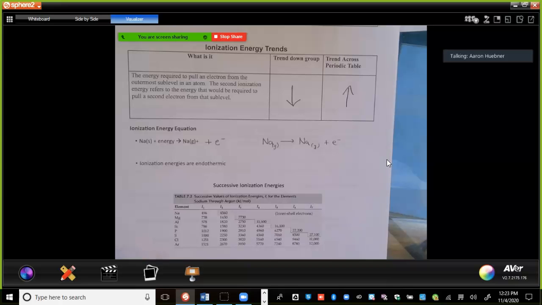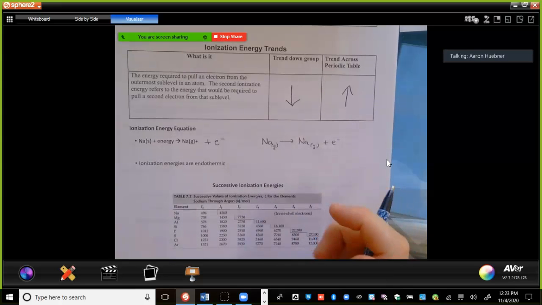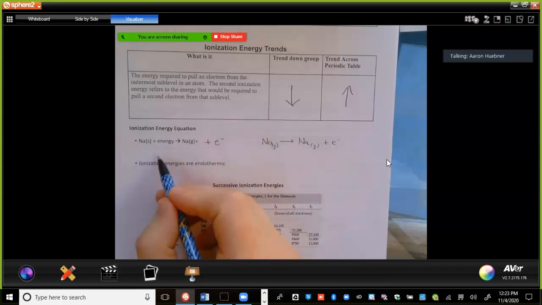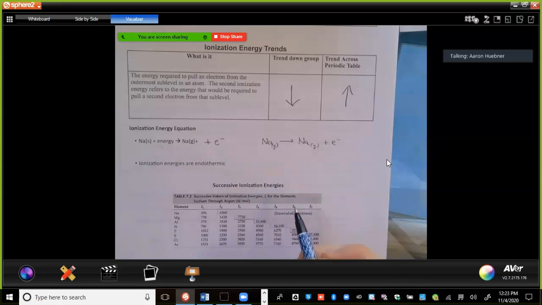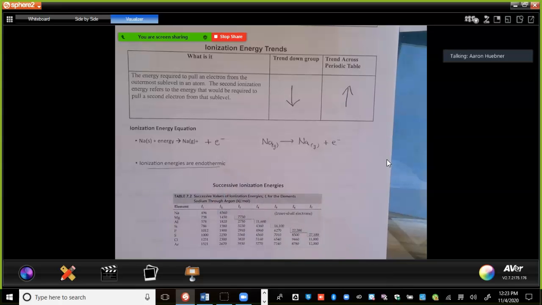So that's the ionization energy equation. The electron affinity would be the opposite, adding an electron. Ionization is always an endothermic process: you have to add energy to do it.